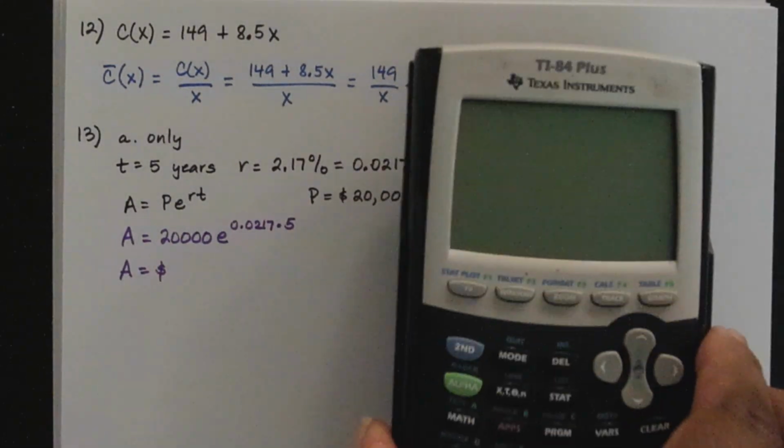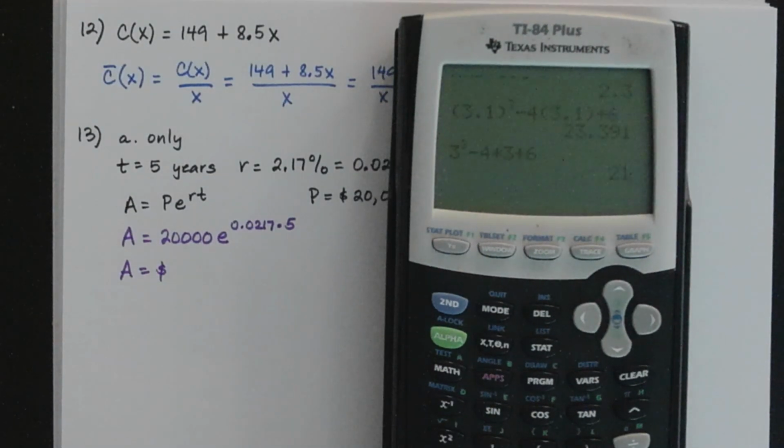So now we're going to do 20,000, type that in, for the e, second, LN for the e, and then we can type in 0.0217 times 5, and hit enter.